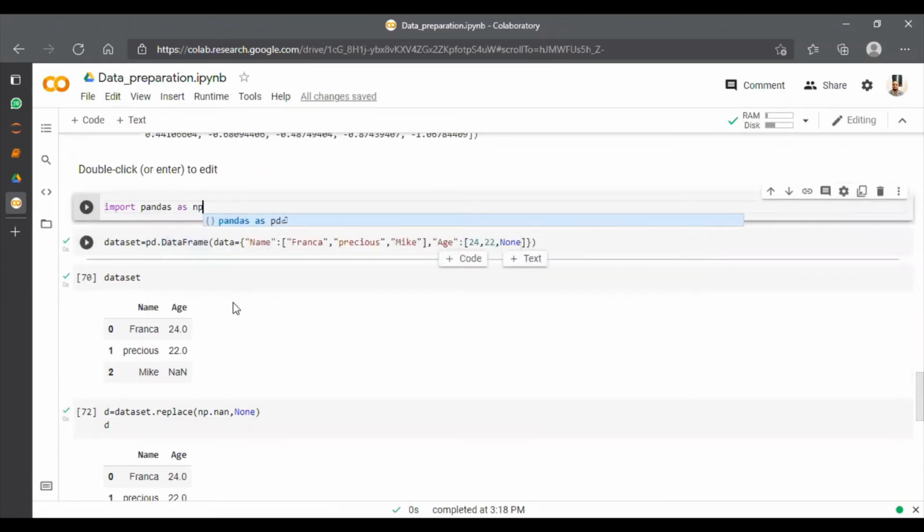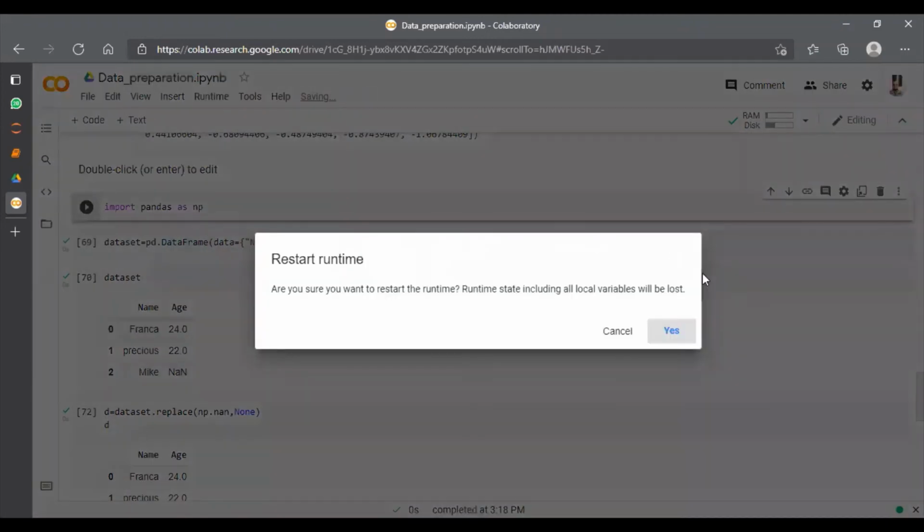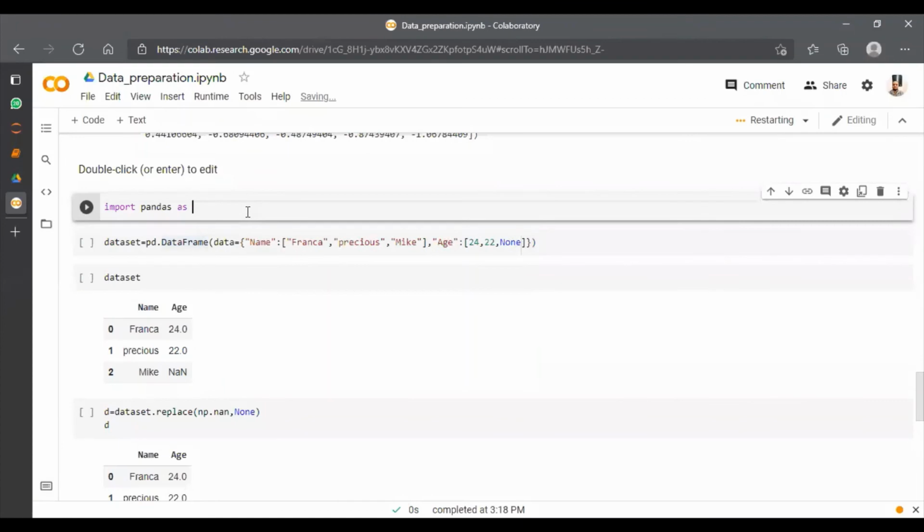Wait, I'm going to refresh this kernel. Are you with me? Hello. Yeah, we hear. Okay, so I'm trying to refresh the kernel. Yes, we're here.